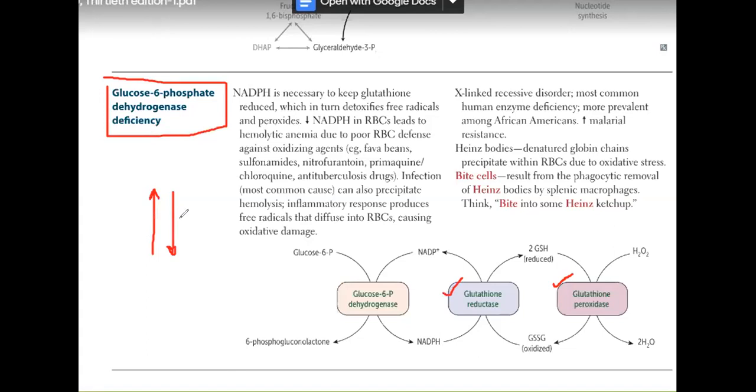Okay, glucose 6 phosphate is an intermediate step. So you see glucose 6 phosphate dehydrogenase, it is using this NADPH and NADP, which is coming from the electron transport chain, and it is using this glutathione reductase. So you see, these mechanisms are so important.